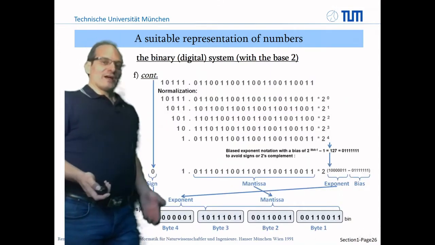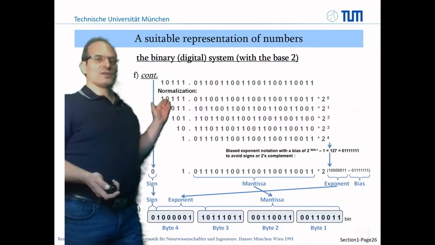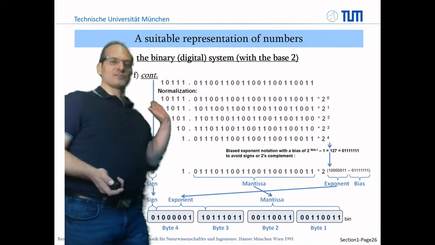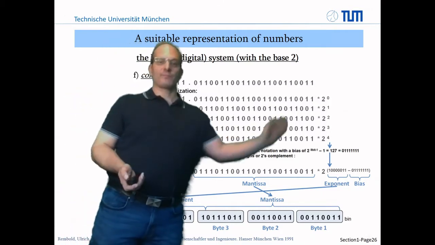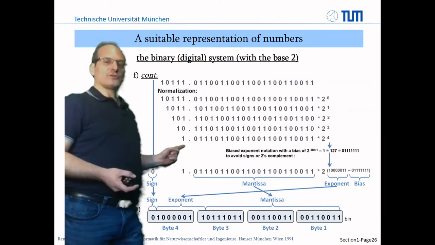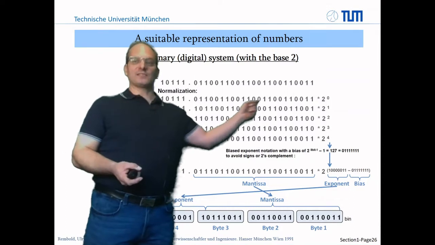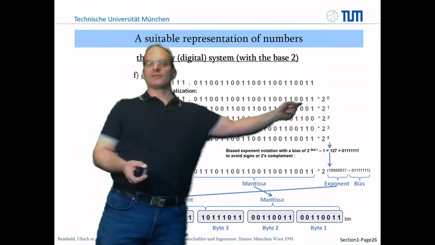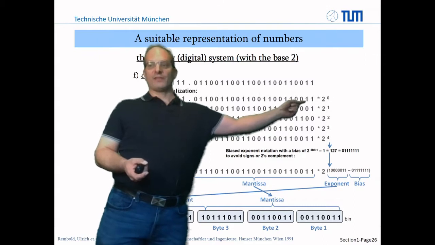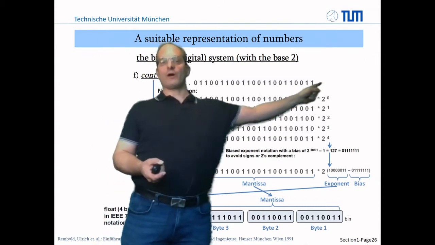To simplify the usage of that, we do a little bit more steps. So we do a normalization. So we shift everything to a situation where we only have one dot something. Each shift means it's a division, and therefore we have to multiply here by 2 to the power of something.